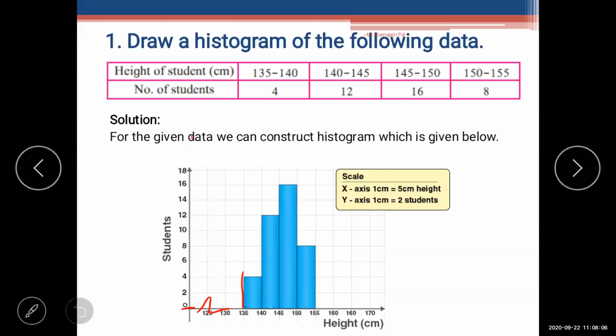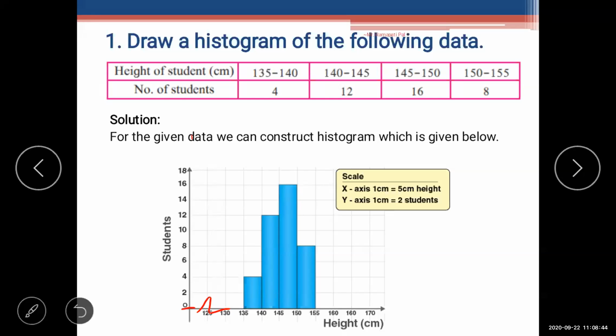Then from 140 to 145, how many students are there? 12 students, correct? So you take the point here and draw. Okay. Now 145 to 150, you can extend that line from 145 up to 16 and then draw up to 150.